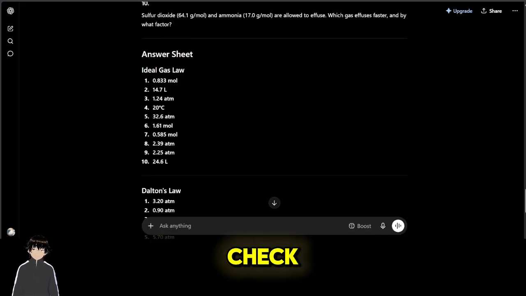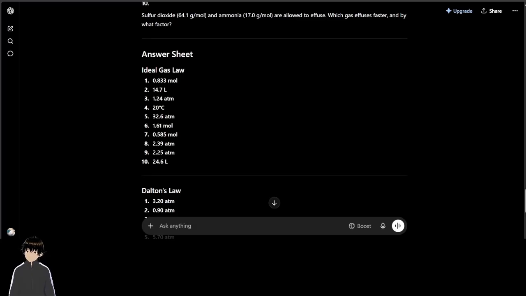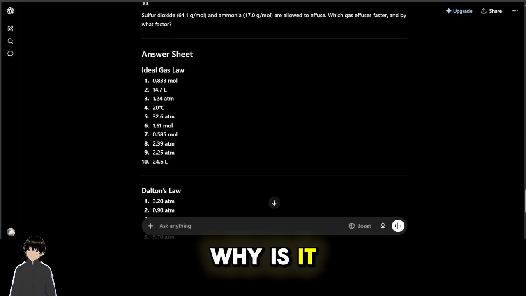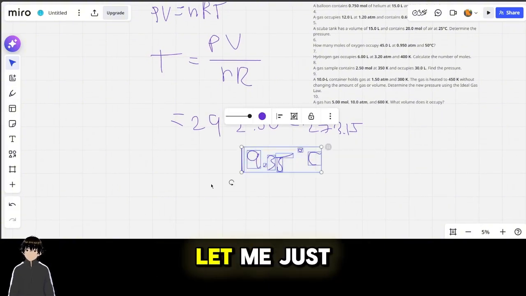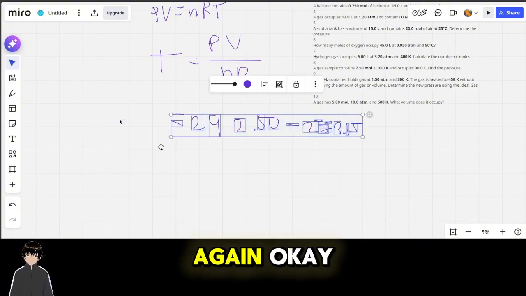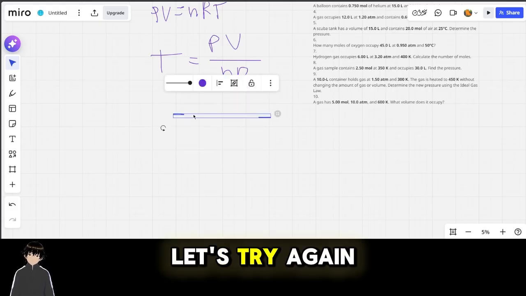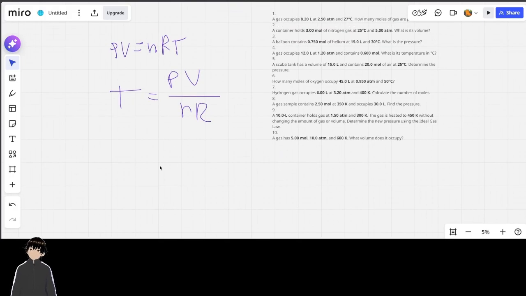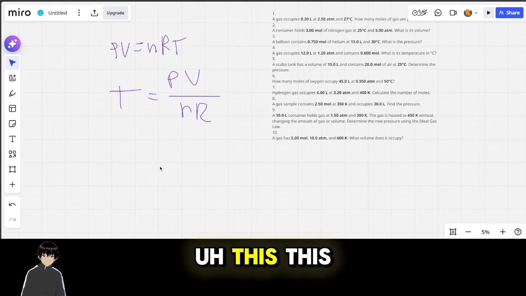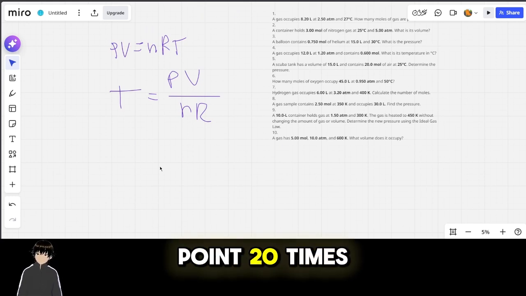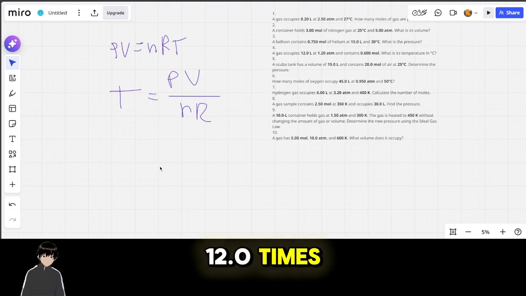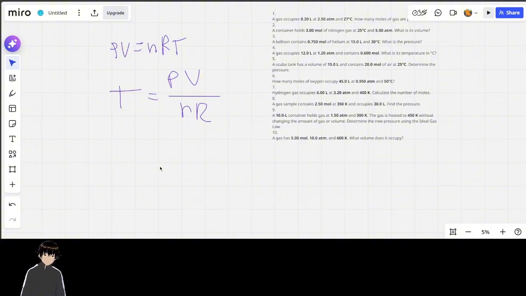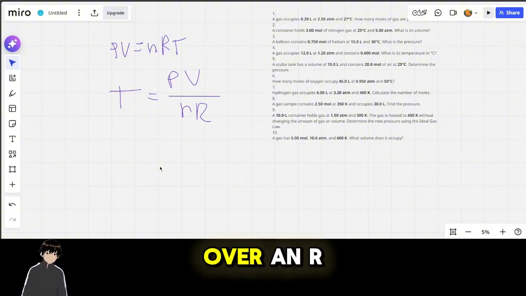Celsius. So let's check. Why is it 20 Celsius? I have 19.35 Celsius here. Let me just try again. So we have this pressure, 1.20 atmospheres, times volume, which is 12.0, over nR.